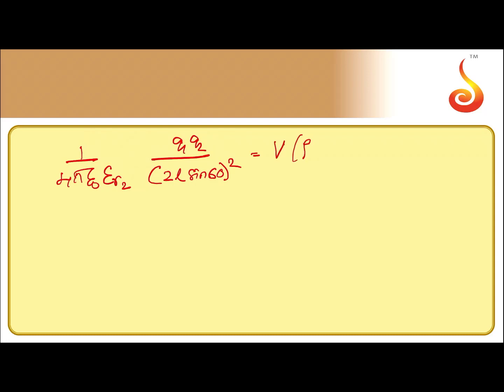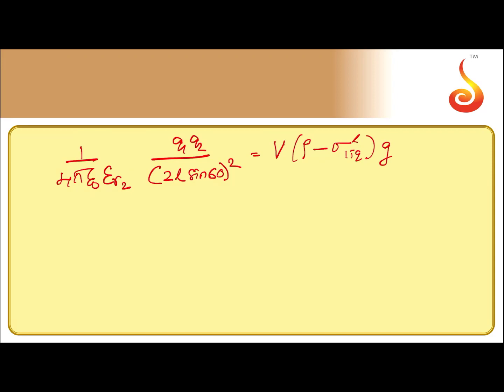And in the second case, what do we have? We have 1 by 4 pi epsilon naught epsilon r2, q1 q2 divided by the new separation, (2L sin 60) whole squared. This is equal to, again, volume into density of the solid minus density of the liquid into g.